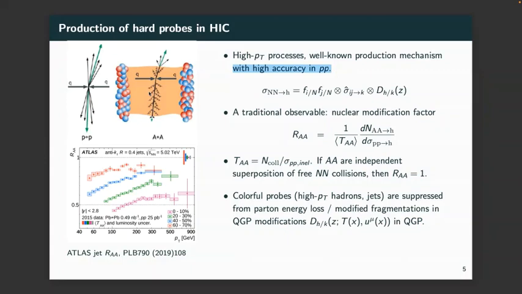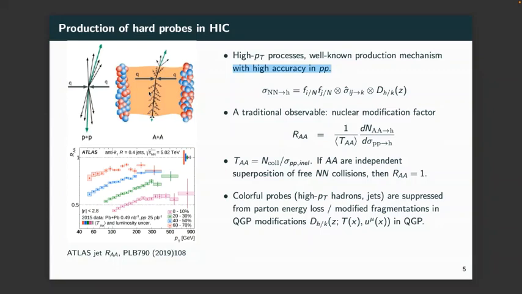And then the whole collision would be a different superposition of these thickness functions than the average. Has this been considered at ultra-relativistic energies?